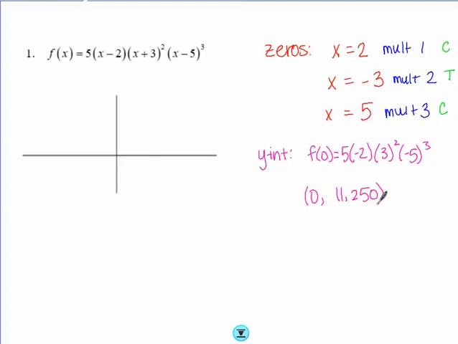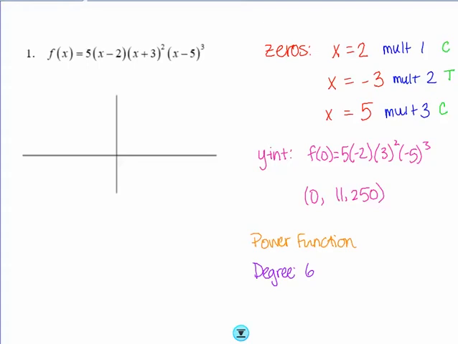The last thing I want to mention before we sketch a graph of this function is power function. We can use this to approximate this graph. So we mentioned earlier that if you add up the multiplicities, you get the degree. So if I add up the multiplicities, I know that the degree is 6.